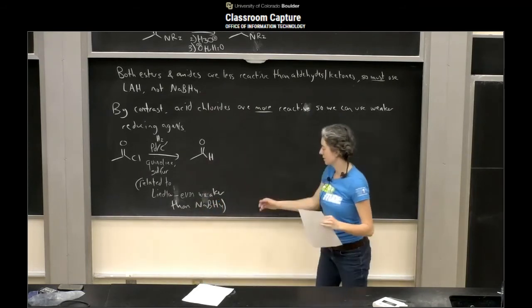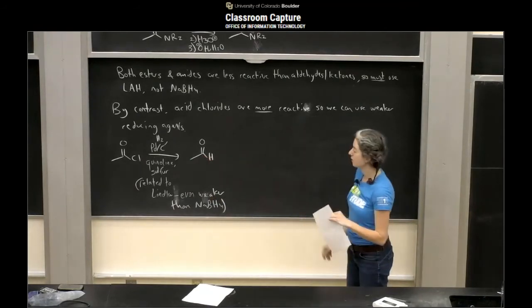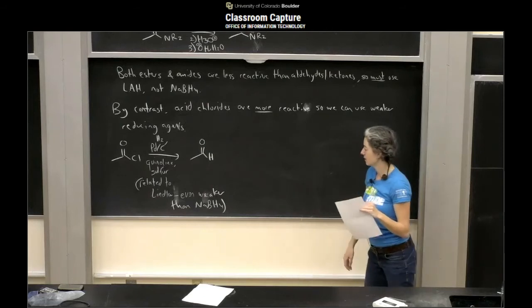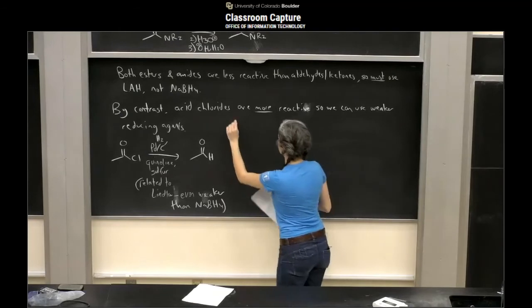Okay, so if it were as strong as sodium borohydride, we know that we couldn't stop here. We'd have to reduce down to the alcohol, but it can't even manage that. Okay, so that's one option.